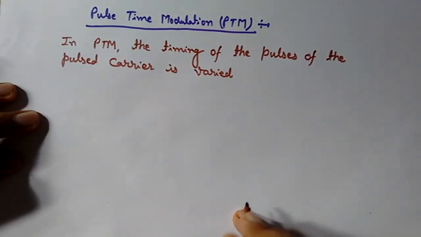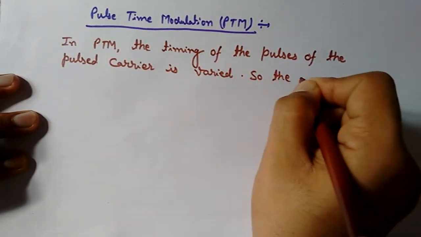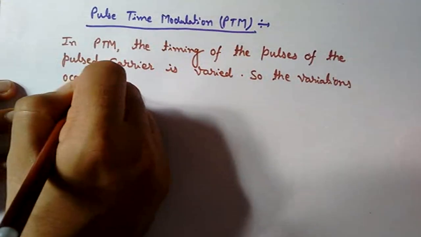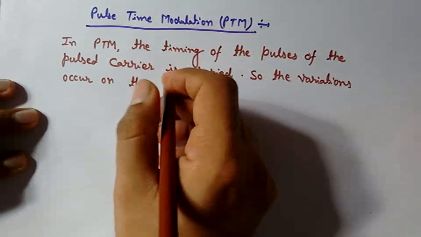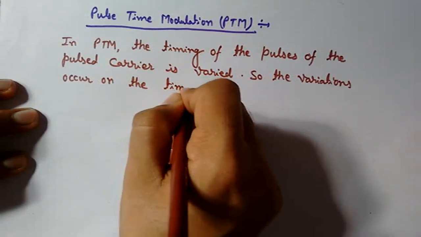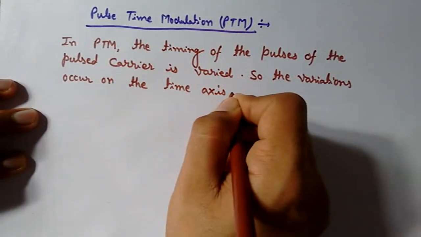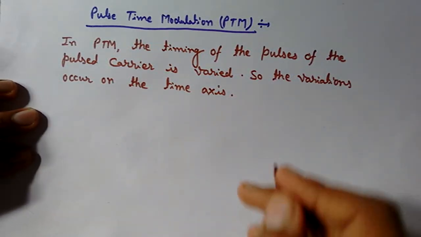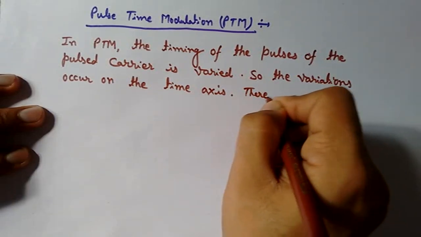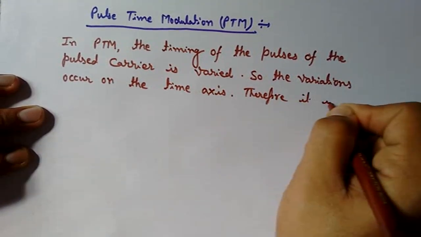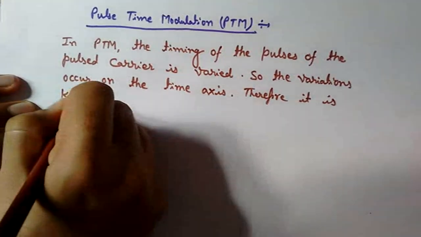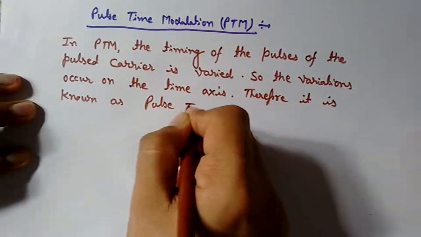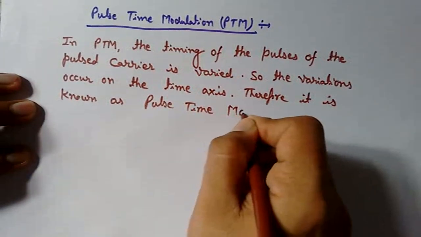So the variations occur on the time axis. Therefore, this kind of modulation is known as pulse time modulation.